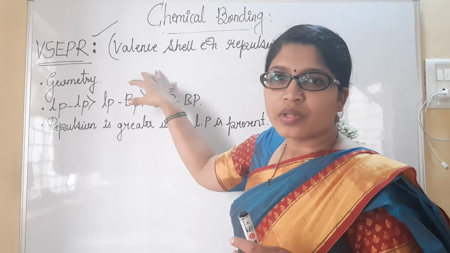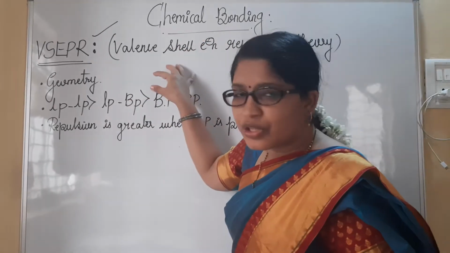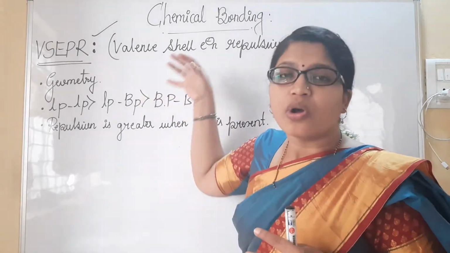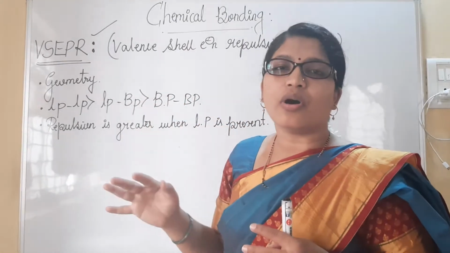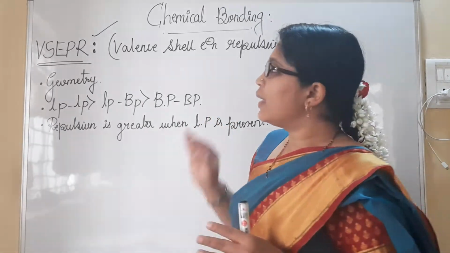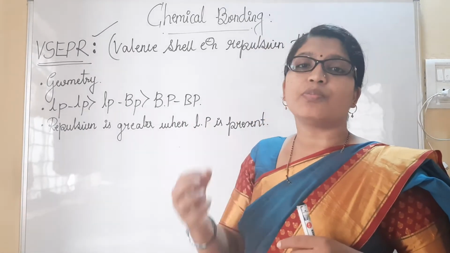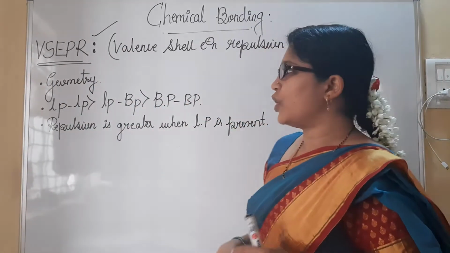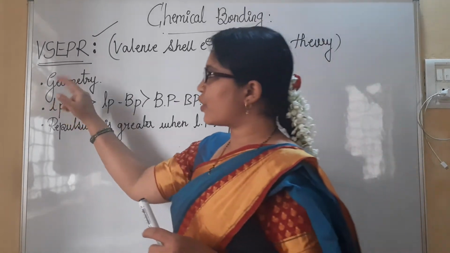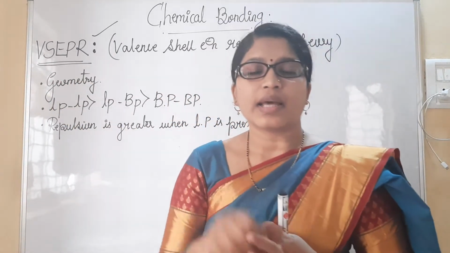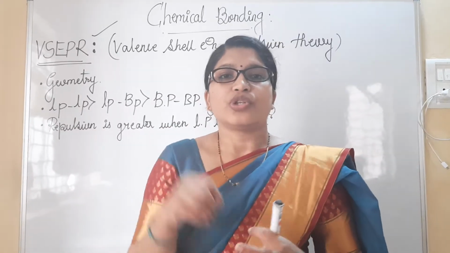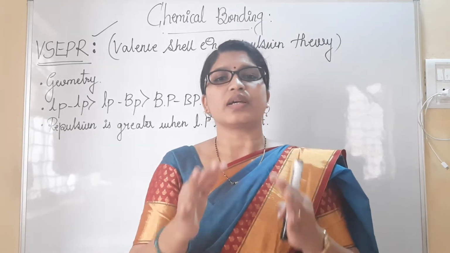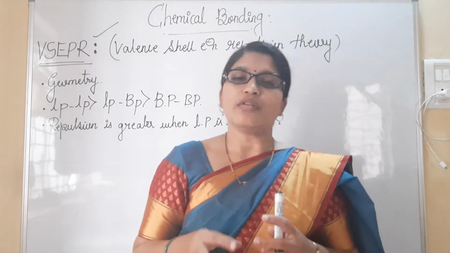Whether they should be V shape, or trigonal shape, or planar, all those things are explained with proof by VSEPR theory. First point. Next, VSEPR theory has helped us find out the geometry of molecules, and in which geometry they will be considered the most stable form.